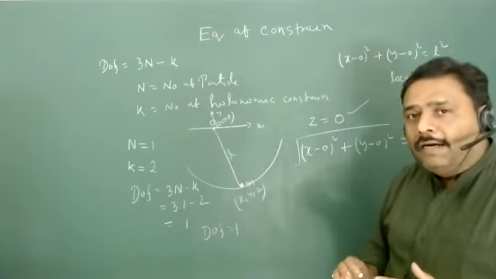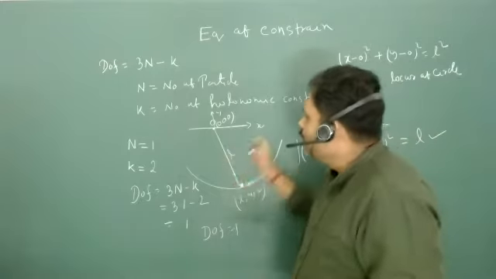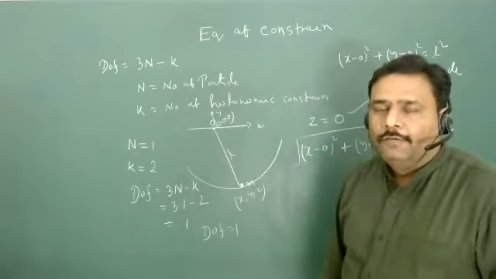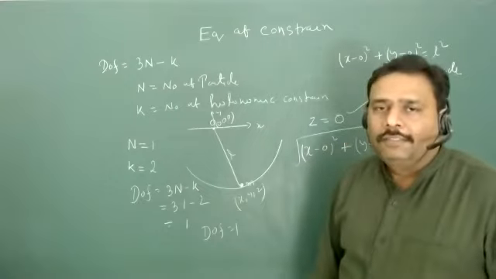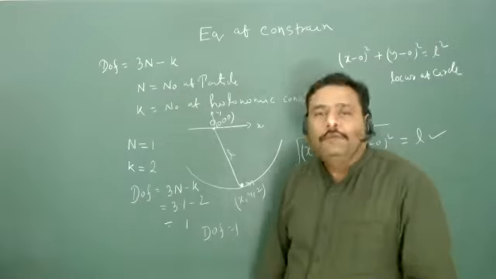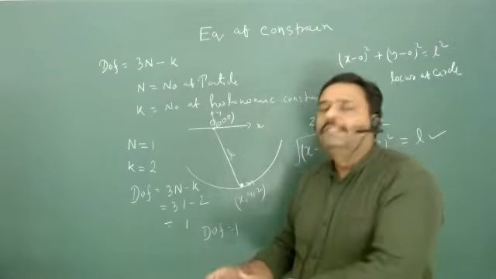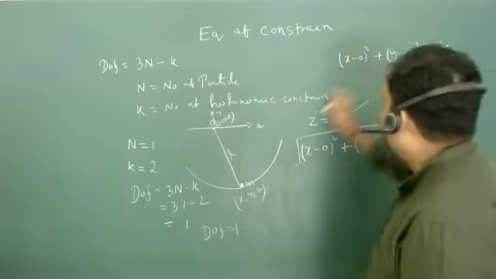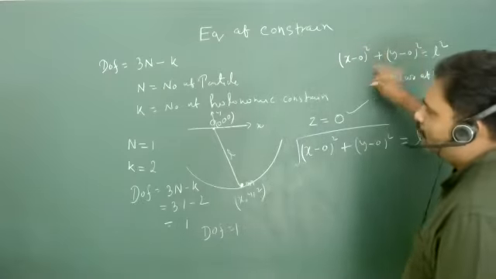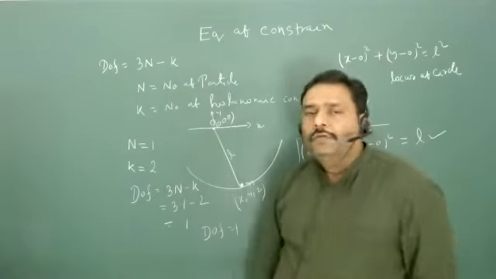Now, how can we visualize the independent motion? To visualize independent motion, we should go for some type of transformation. And that transformation will be decided by this equation, which is the best transformation. I will deal with it in the next class.